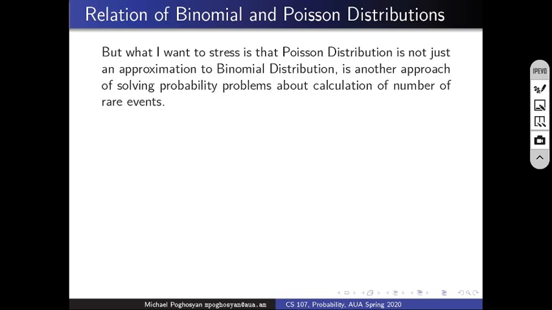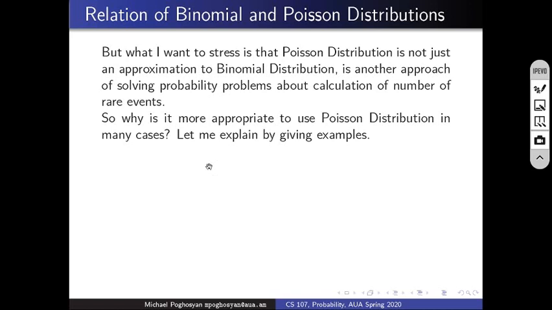People use Poisson as an approximation of the binomial distribution, but it is another approach to solving probability problems about the number of rare events. Let me explain this by giving some examples, and why sometimes it is more appropriate to use the Poisson distribution.